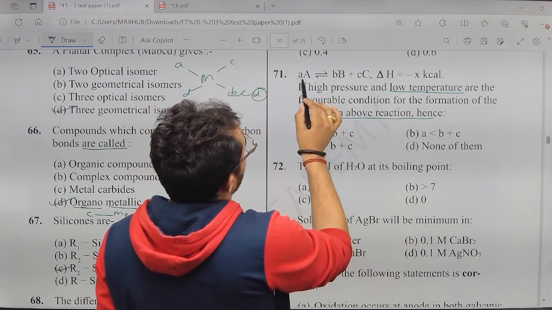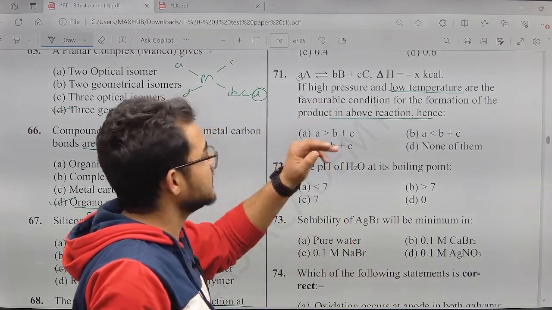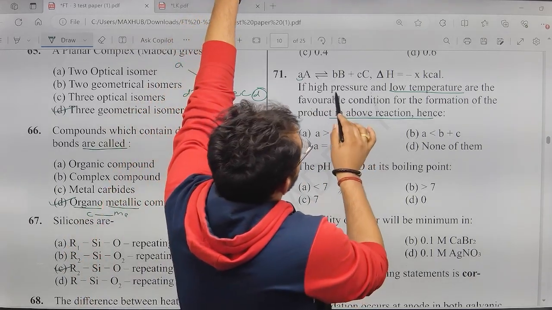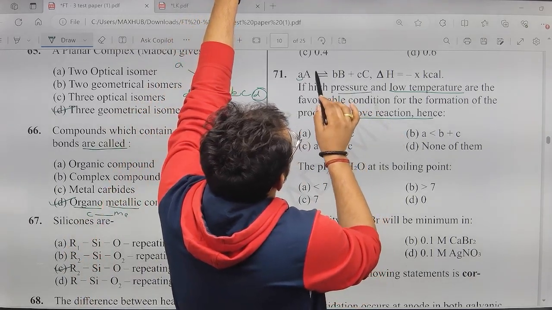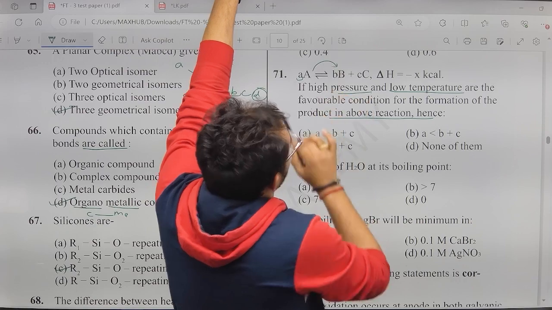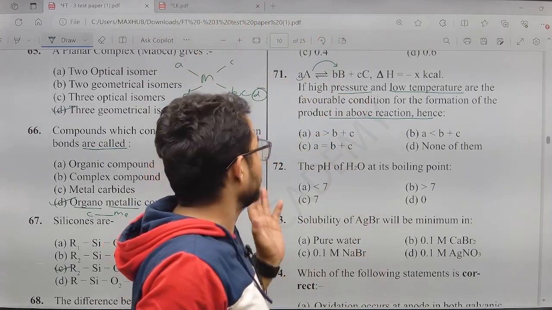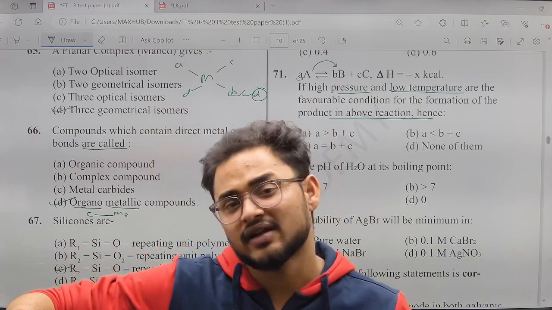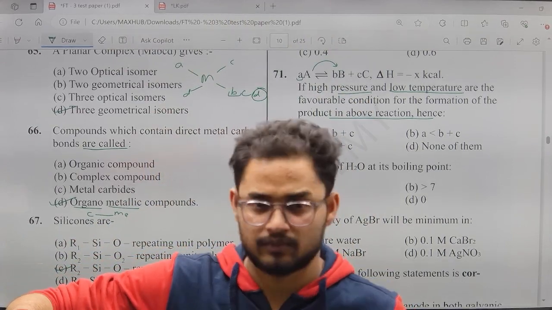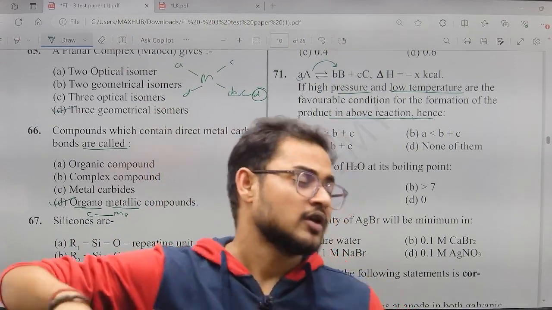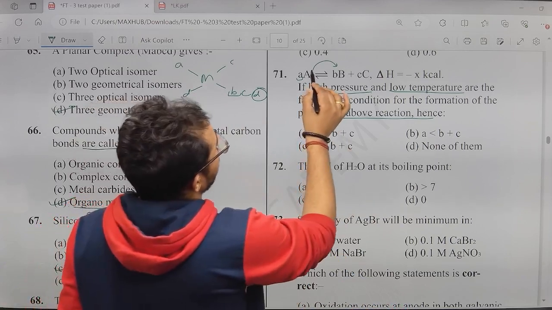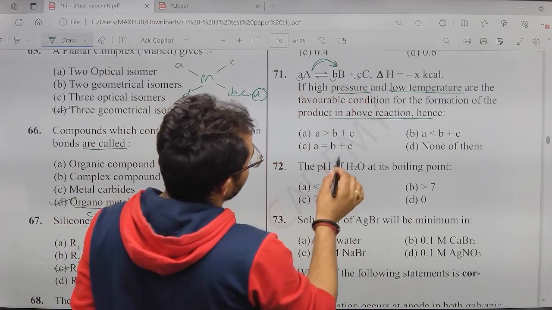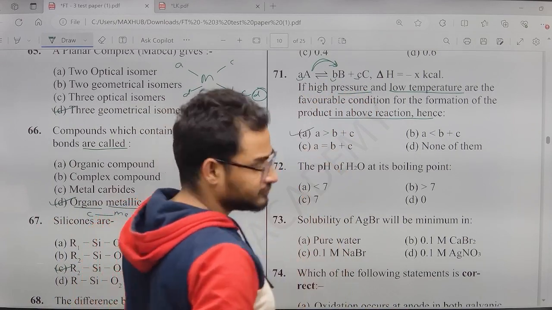A is the number of moles of reactant, B plus C is the number of moles of product. Listen here, if high pressure is favorable, that means at high pressure the reaction will proceed in the forward direction. We know that at high pressure the reaction proceeds in the direction where the volume is low, that means fewer gaseous moles. In the forward direction the volume is low, that means B plus C is less than A.